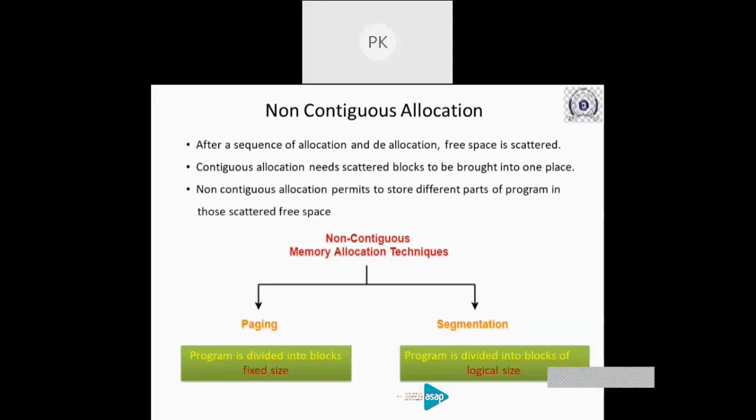So when we divide it in the logical way, we call it segmentation. When the program is divided into blocks of fixed size, it is called paging, non-contiguous memory allocation. When it is divided into logical size units, it is called non-contiguous memory allocation of segmentation.